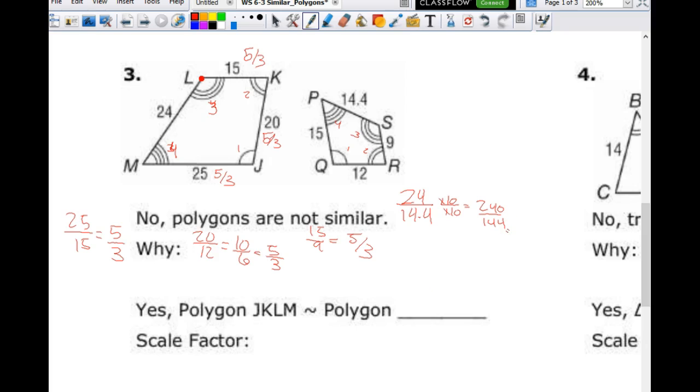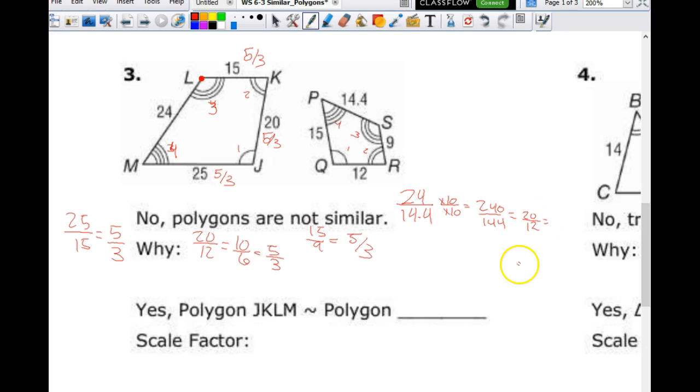Divide both by what? We can do 12, we can do 2, we can probably do 3. I recommend 12. 240 divided by 12 is 20. 144 divided by 12 is 12.